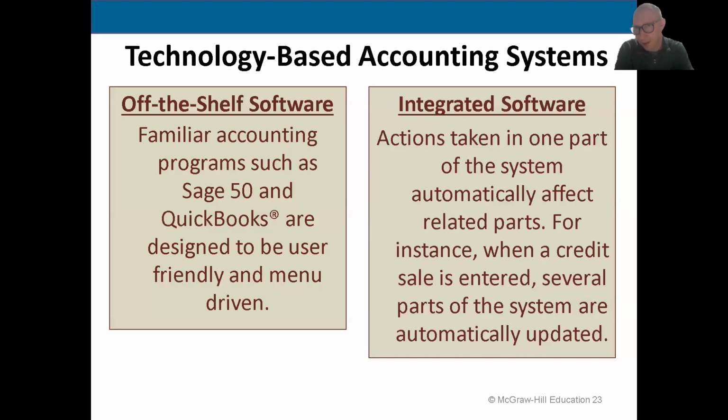So it's automatic. It's integrated. That's one of the great things about the way technology is heading now, is that it really removes errors from happening from human, and it helps to automate a lot of the transactions that we used to have to enter by hand.